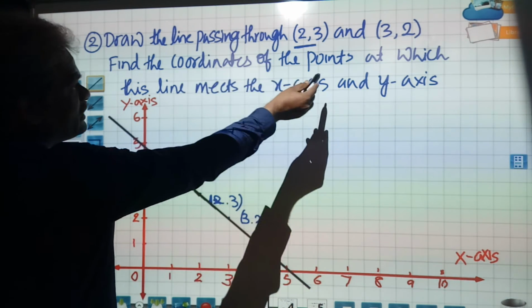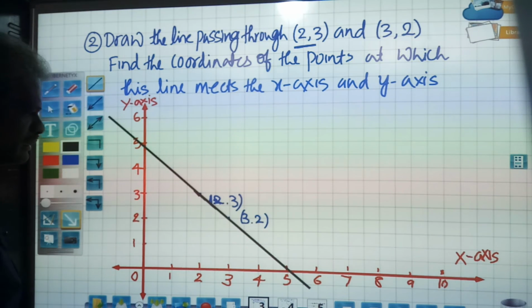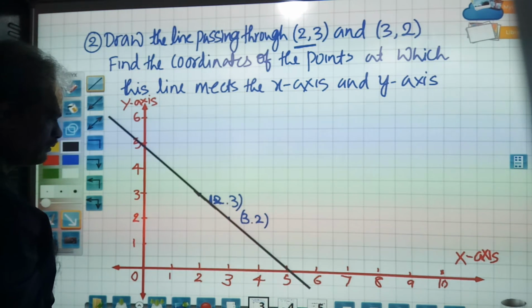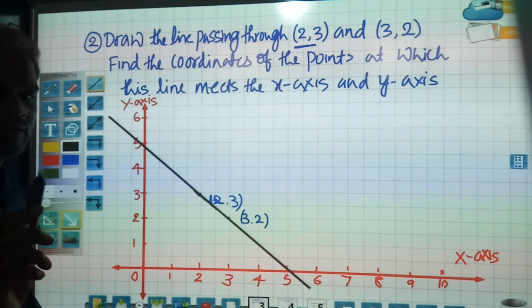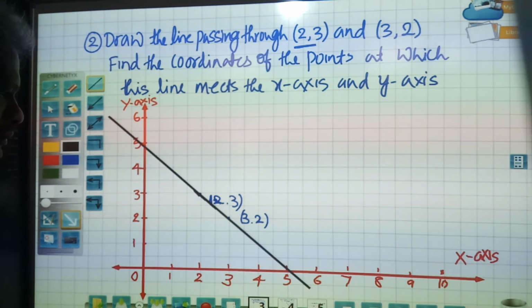Now find the coordinates of the points at which this line meets the x-axis and y-axis. Where it is intersecting the x-axis and y-axis, you see now. These are 5, 0 and 0, 5.